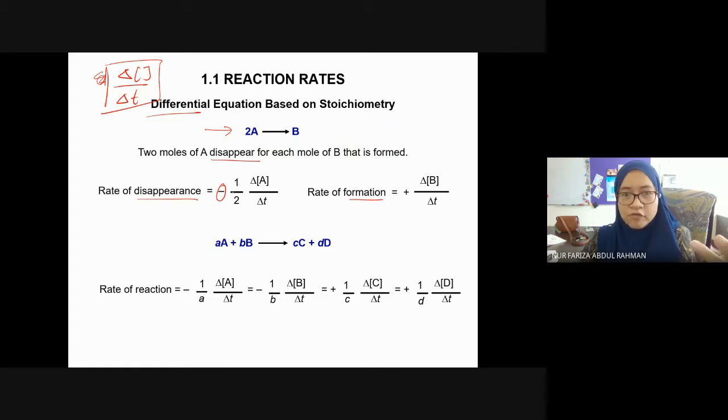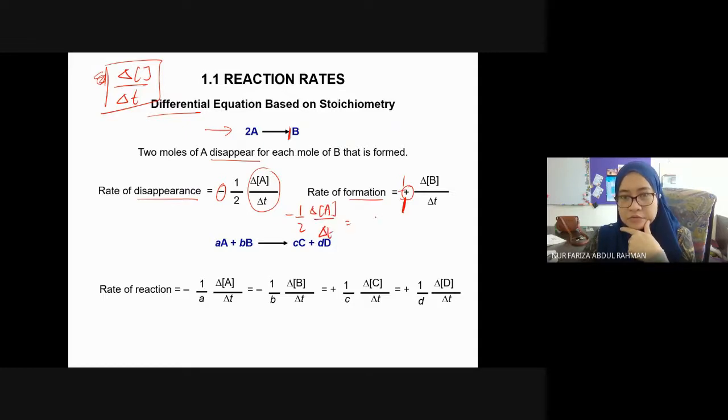So 1 over 2 with the differential equation for the rate of A, and the rate of formation for B will be, since it's 1 mole there, 1 over 1, plus, why plus? Because it's the product, so delta B over delta T. So we can make this relationship.